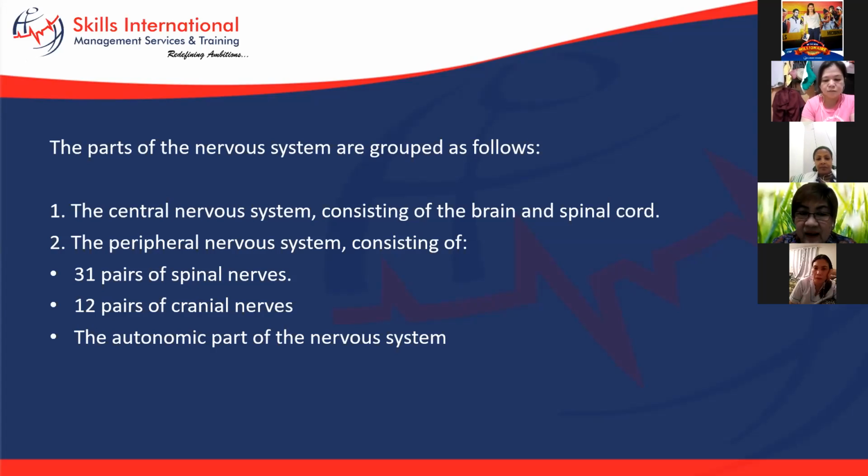The peripheral nervous system consists of 31 pairs of spinal nerves, 12 pairs of cranial nerves, and the autonomic part of the nervous system. Imagine how you stand. If you don't have your nervous system, you cannot stand, you cannot sit, you cannot move.